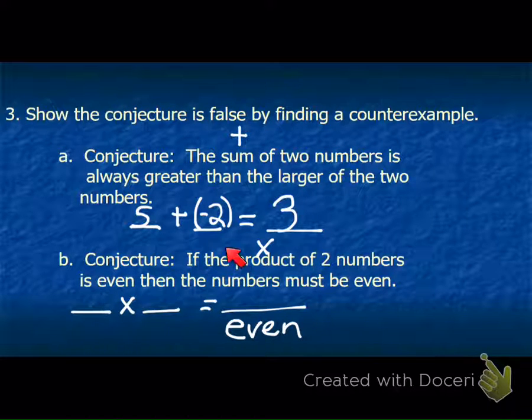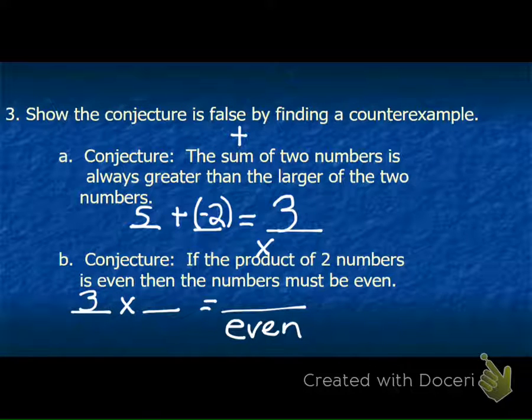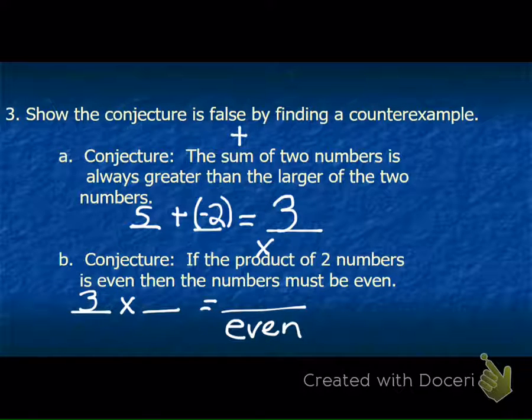But they're telling me that both these numbers must be even. Okay, we don't want to prove it correct, we want to prove it wrong. So what should one of these numbers be? Should they both be even? One of them needs to be odd. Let's do 3. 3 times what will give me an even number? 3 times 6 will give me an even number. 18. That proves that statement wrong.